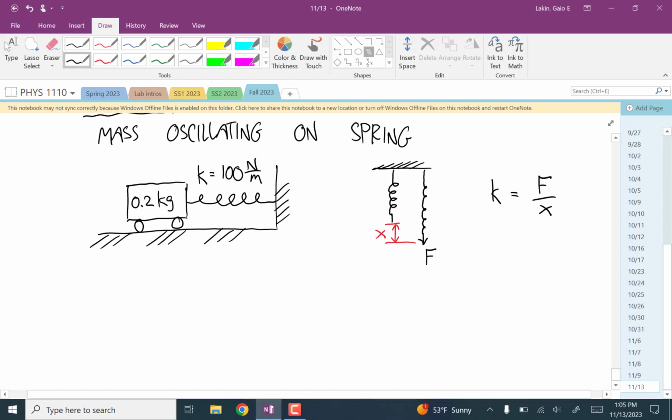So now let's say that you pull this mass to the left 0.01 meters and release it.